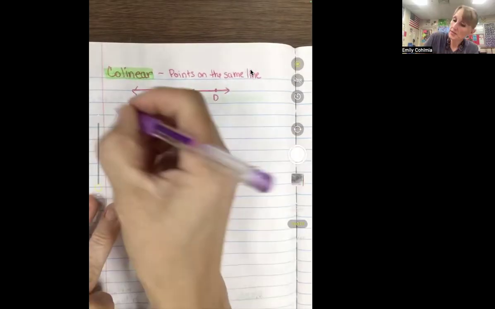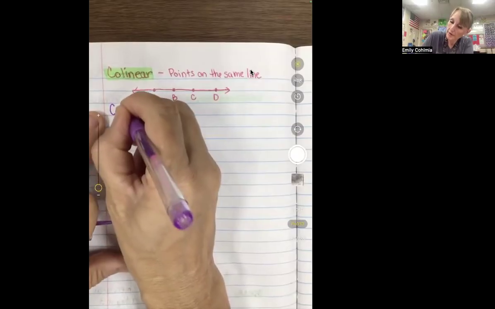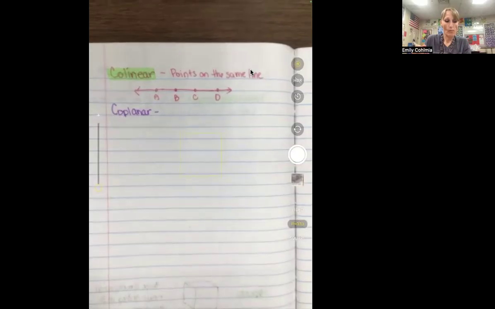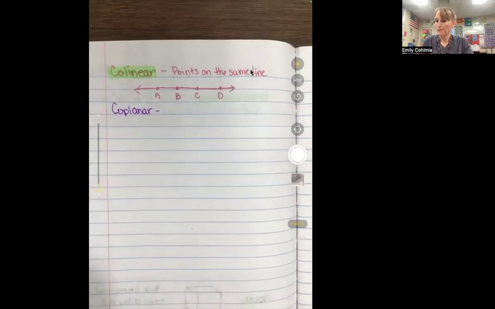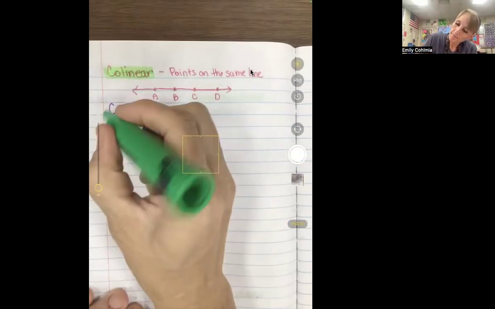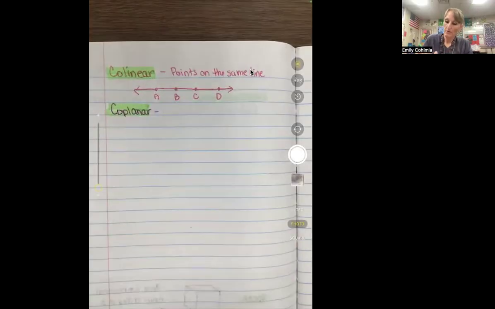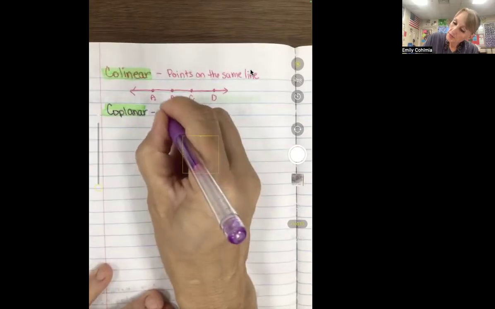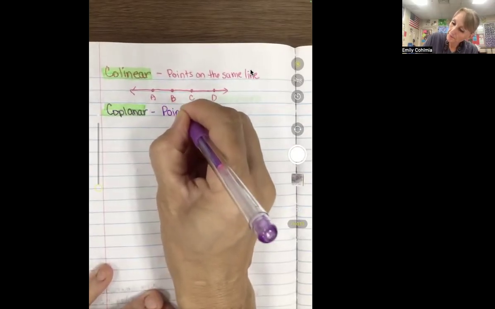Okay, our next one is coplanar. I bet you can guess what that means. Coplanar is, yep, you guessed it, points on the same plane.